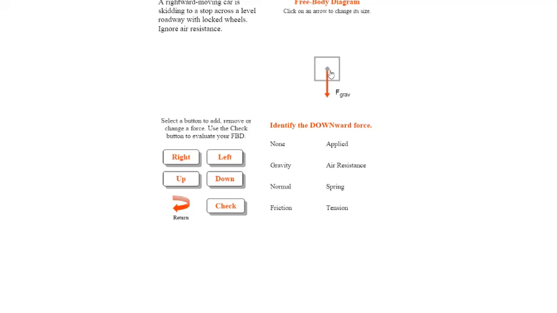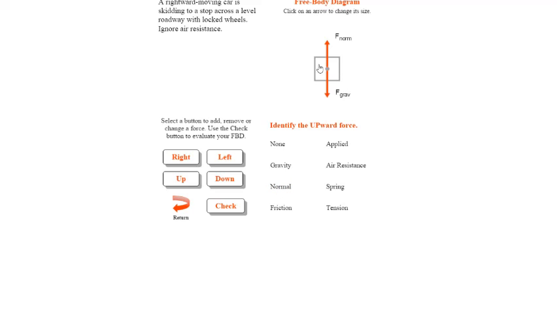I know that as this car moves horizontally across the road, it's not moving vertically, which tells me that there's got to be an upward force that must be equal to the downward force we just identified. It's got to be equal to the weight, and that turns out to be the normal force. And I encourage you, if you haven't read about the normal force, check that out in your book.